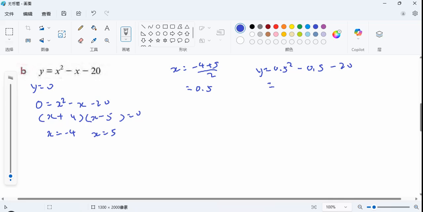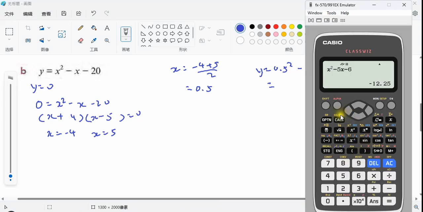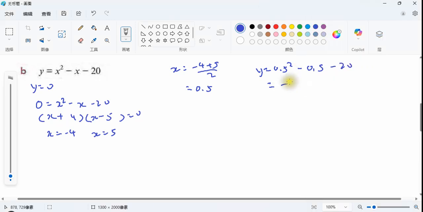So we have x squared minus x minus 20. We substitute with 0.5, then it's negative 20.25. So the minimum point is (0.5, negative 20.25).